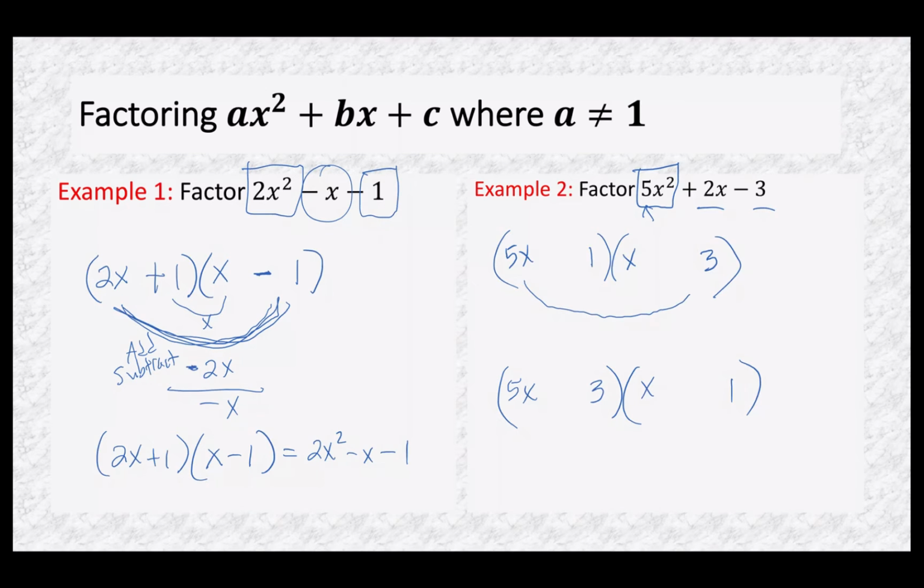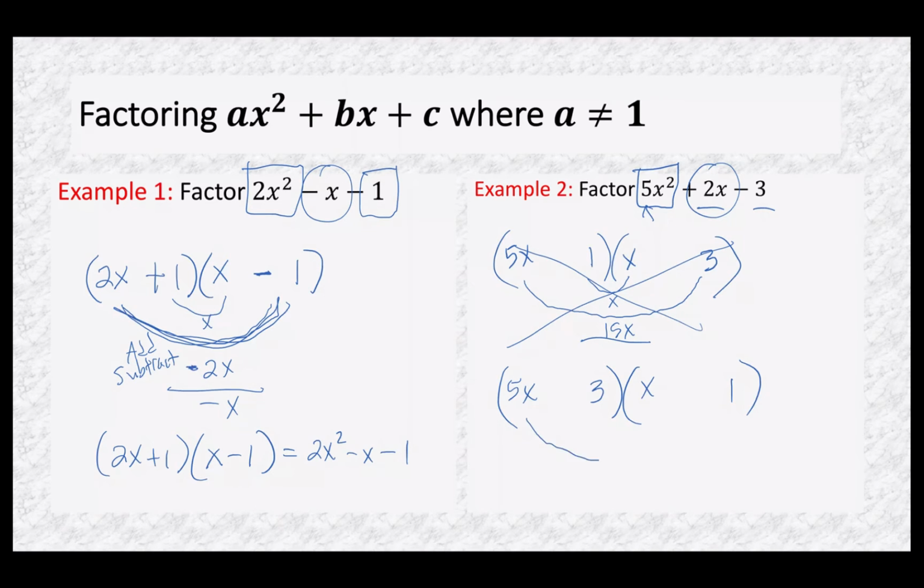I'll do a big smiley face and a little smiley face. I've got 15x when I multiply 5 times 3 times x, and on the inner, I've got an x. Looking at x and 15x, there is no way I'm going to get a 2x by adding or subtracting. This one is not working, so I just cross it off and say that's not it.